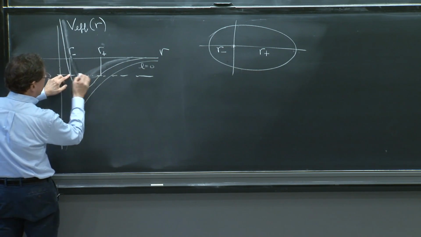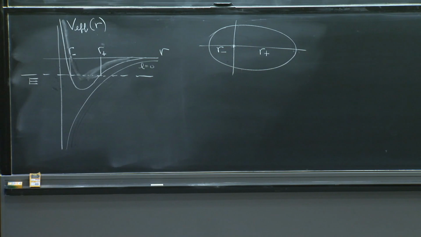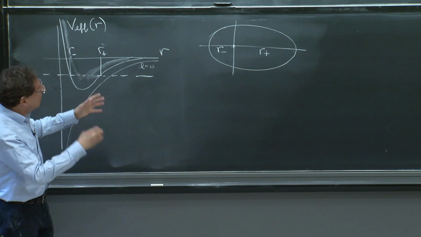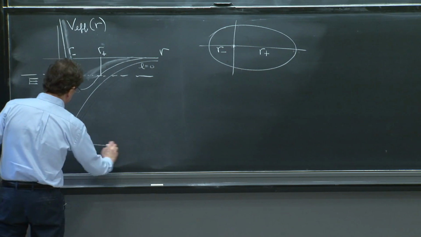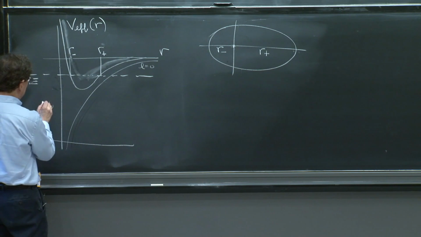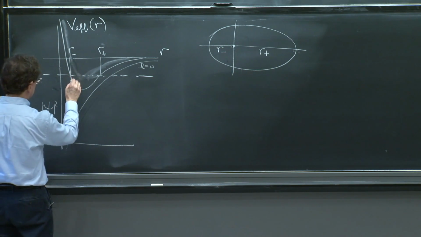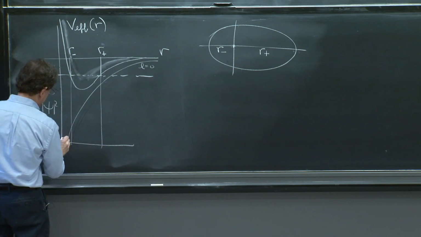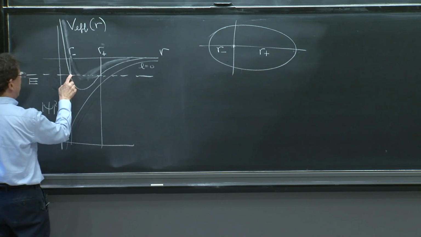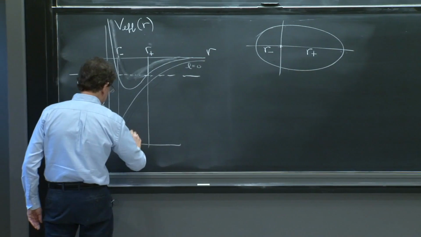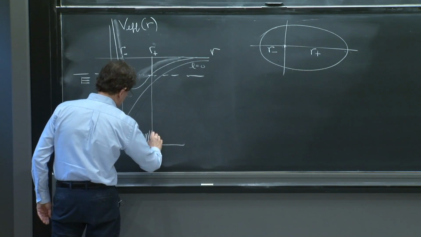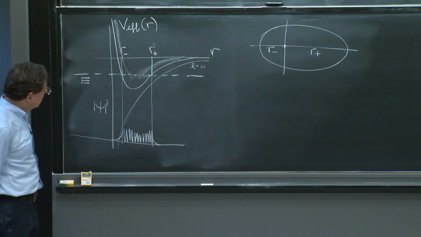The electron is bouncing back and forth. That is the classical picture. In the quantum mechanical picture, you expect something somewhat similar. There's going to be a wave function, maybe a wave function here, psi squared, and it's going to be vanishingly small before this point, and then by the time you get here, it's going to be very large, and then decay again.